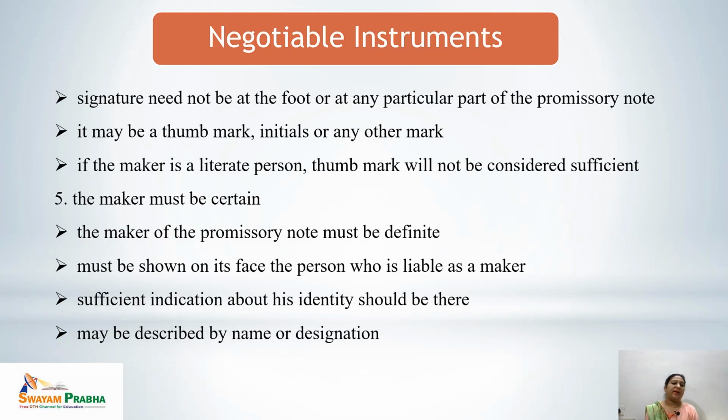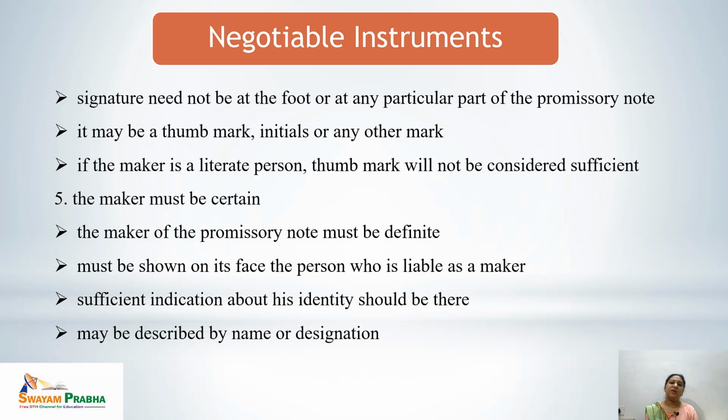It is not required that the signature be at the foot or any particular place of the promissory note. It may be a thumb mark, initial, or any other mark which is recognized by the Negotiable Instruments Act 1881. But when the person is literate, he can understand, he can sign, he can read, he can write, there the thumb mark would not be considered sufficient. The thumb mark would be considered valid only when the person is totally illiterate and doesn't know how to read and write.